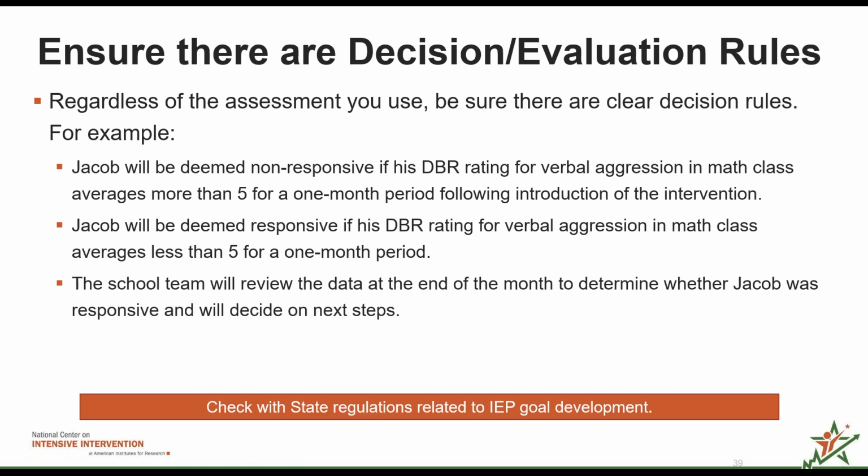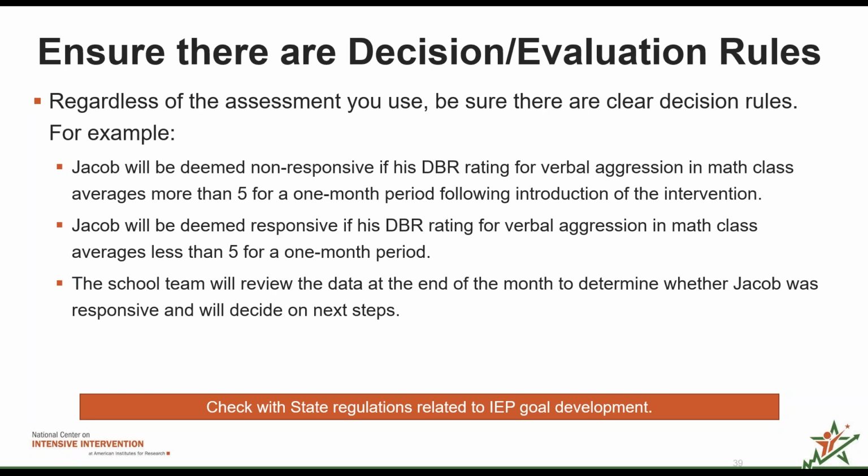So once we've identified that measurement approach, those measurement tools, we need to ensure that there are decision and evaluation rules. So basically we need to determine, what does responsiveness look like? What does non-responsiveness look like? And again, that time frame becomes really important. We need to be really intentional about this in advance if we want to provide the best support to our students.